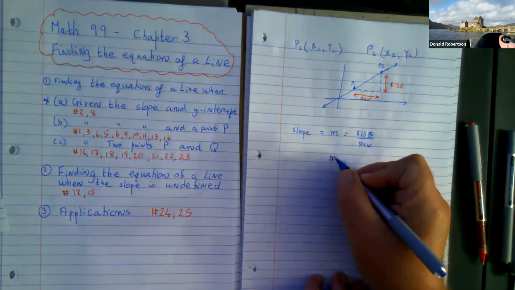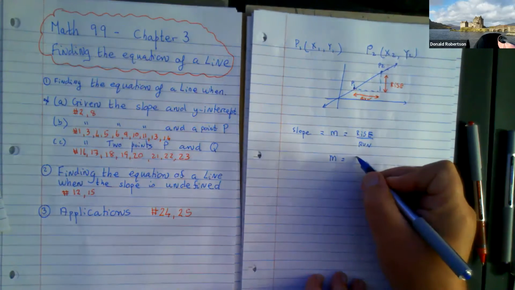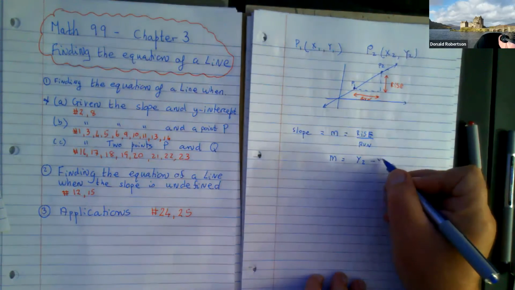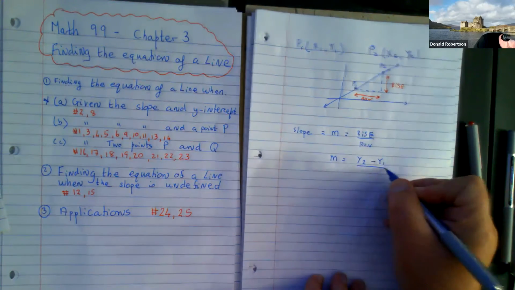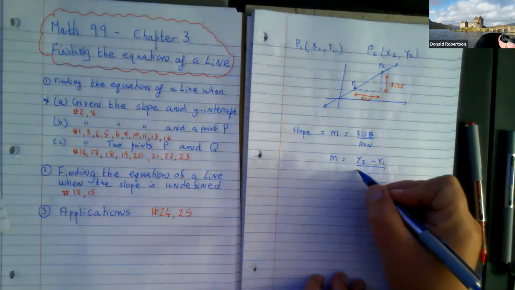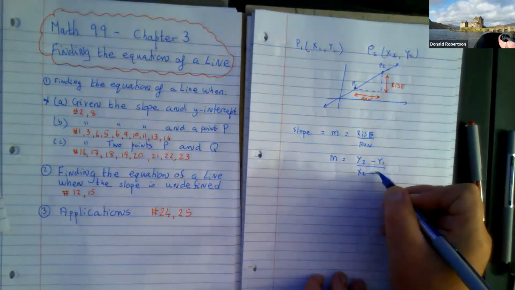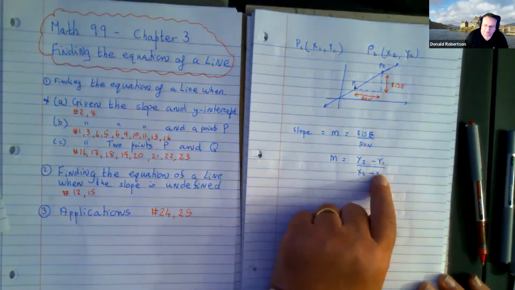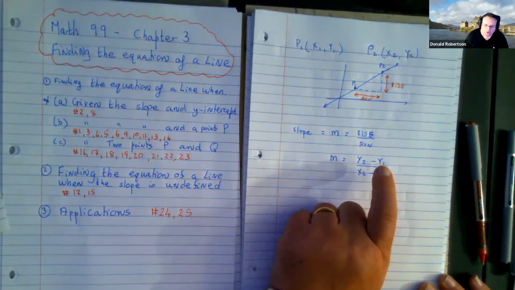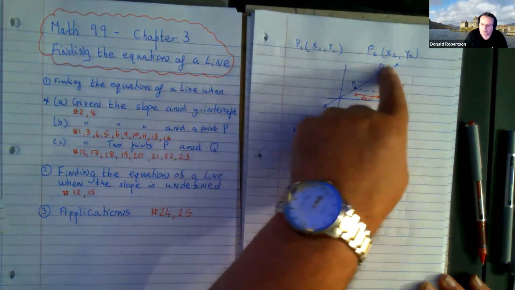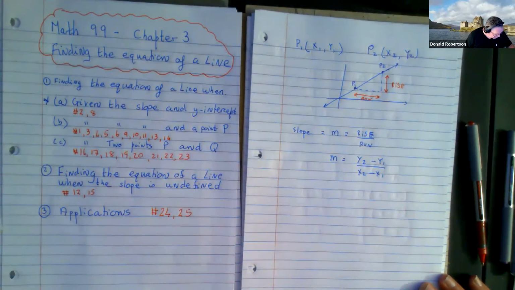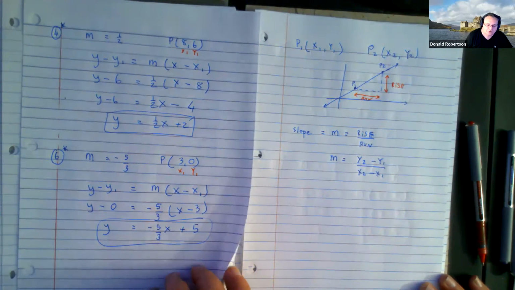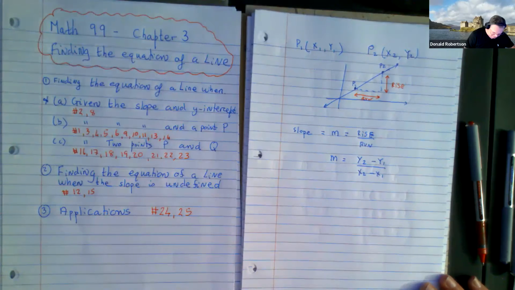We typically calculate it like this. The rise is y2 take away y1. And the run is the difference in the x coordinate, so it's going to be x2 take away x1. That is going to be the first step, because once we know the slope, and we've got one or other point for P, we can then use the point slope equation that we used in the earlier questions to get the equation of the line.